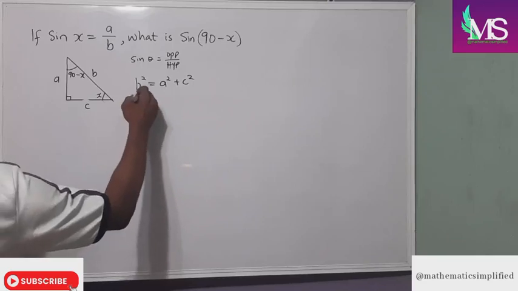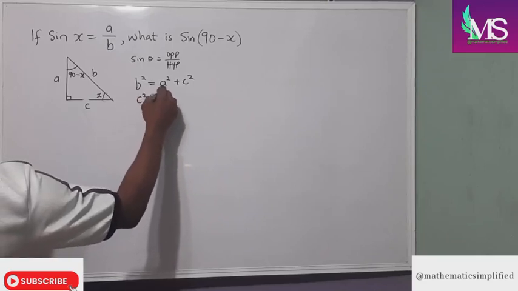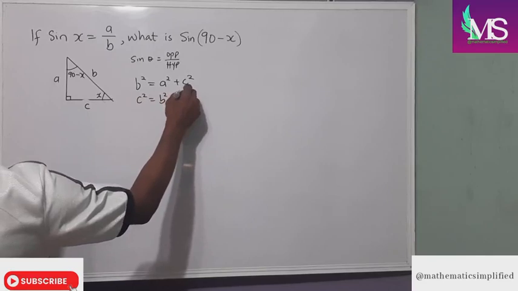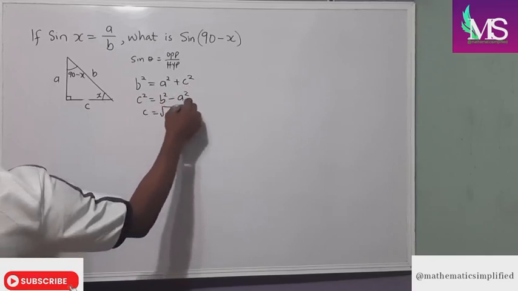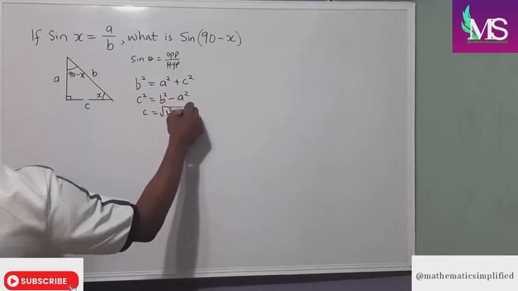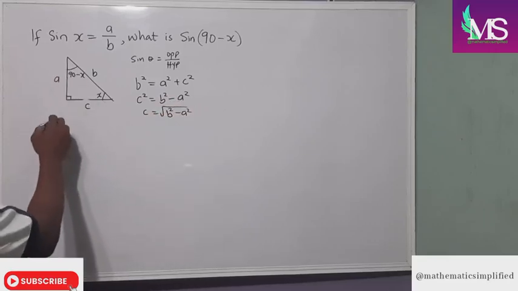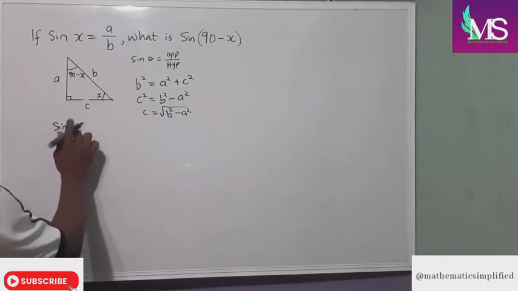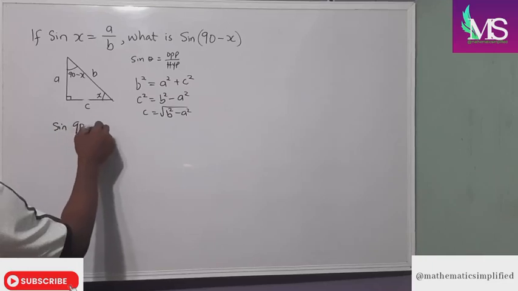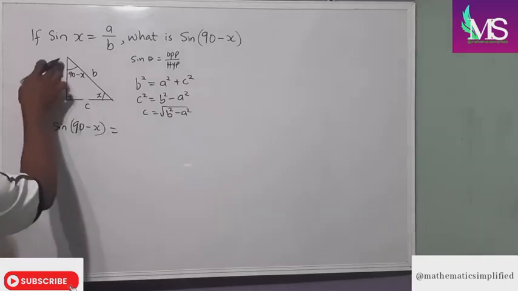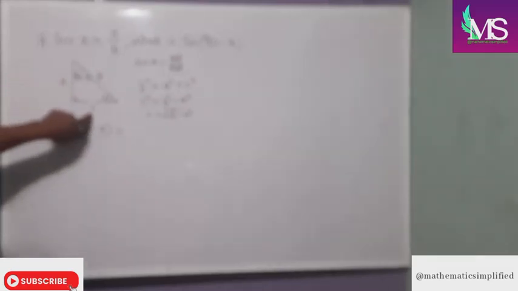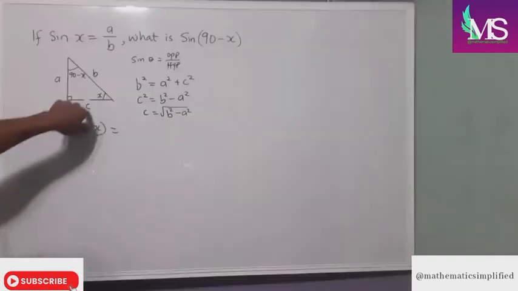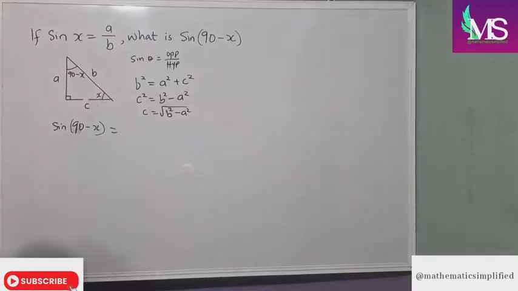Now, this will become c squared equals b squared minus a squared. So c equals root b squared minus a squared. Now, since we're looking for sine 90 minus x, which is this, this a will now become our adjacent, while c is our opposite, and b remains our hypotenuse.